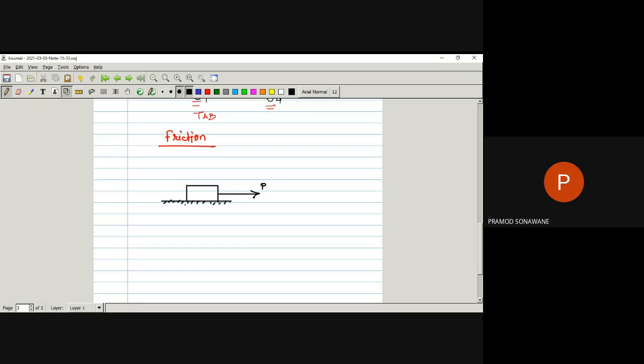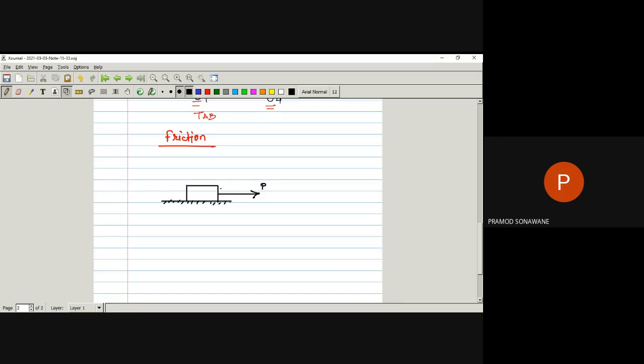What will happen? As there is roughness of this surface, it will definitely restrict or give some resistance to motion of this block, in the direction opposite to your impending motion. That is, if suppose this is the expected direction of motion, then resistance will be provided by this rough surface in the opposite direction.